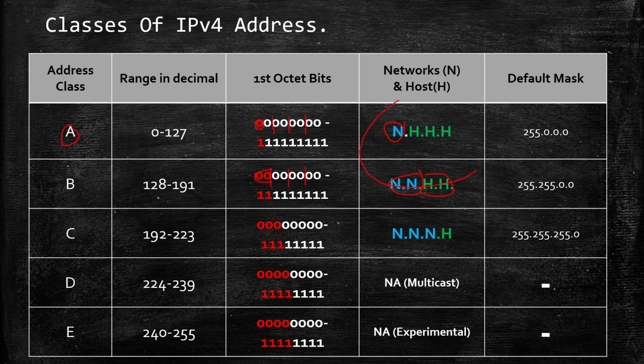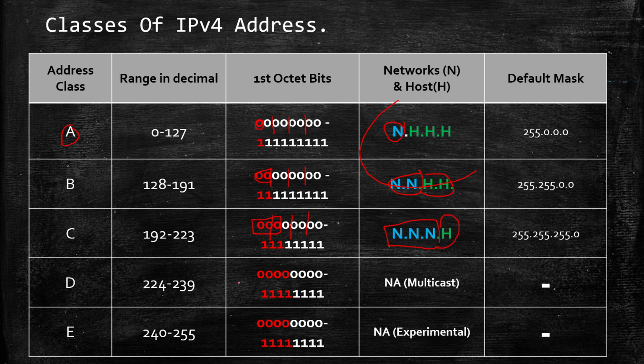Come to class C. The range is 192 to 223. There are also 4 octets. The first 3 numbers can be changed, the other one we can't change. The 3 octets denote the network, and the remaining one is the host. This is the default mask.